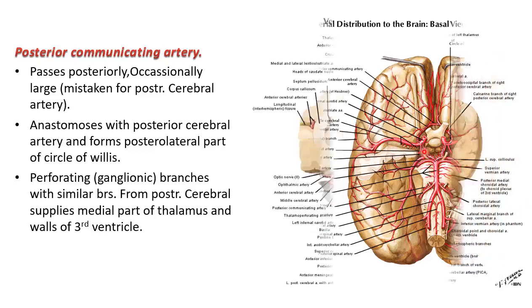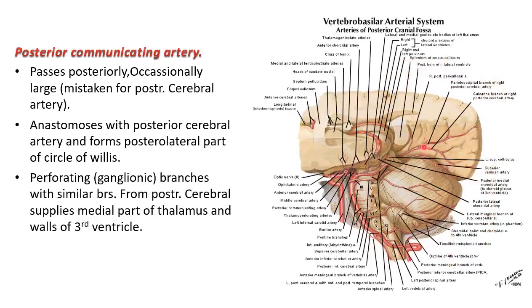When you look here, this is your internal carotid artery, and that is your posterior cerebral artery from the basilar artery. Both are connected by the posterior communicating artery, which is giving certain branches, similar to the central, deeper branches of the posterior cerebral artery.